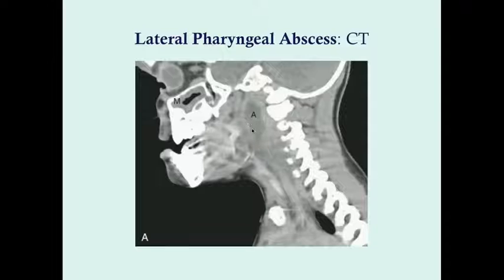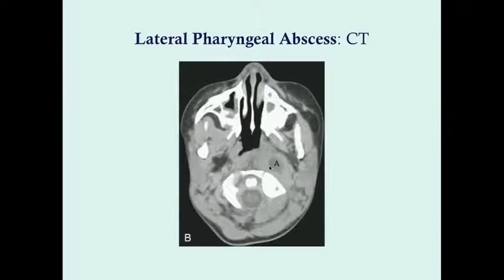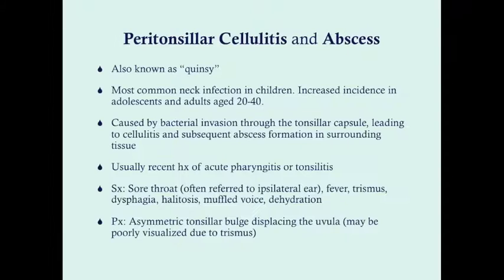This doesn't really help us a whole lot because we can't see how far this goes, if it goes laterally or if this is just restricted to the retropharyngeal space. So probably not the most useful pictures here. And then here's another one. So you have your abscess right here. Okay, it'd be easier to demonstrate this if I could scroll through all the slices, but alas, PowerPoint has not allowed me to do that yet.